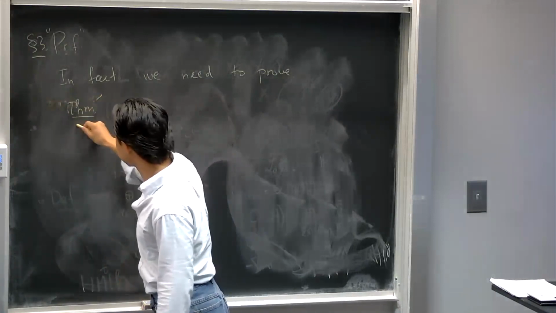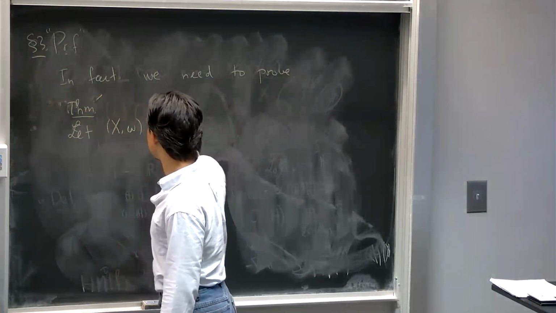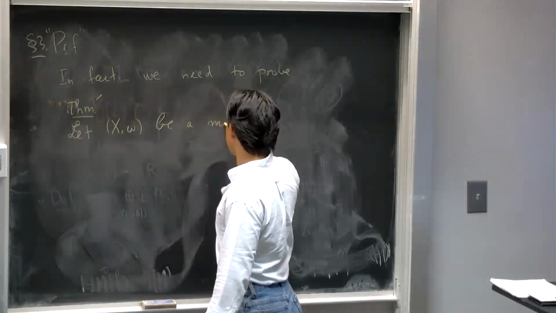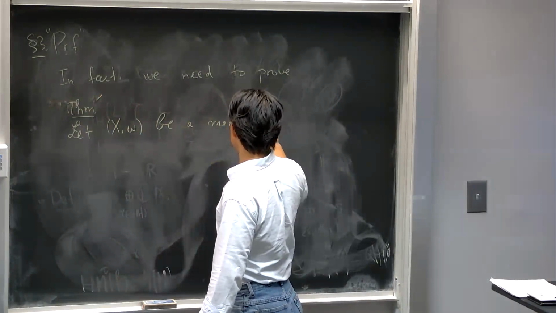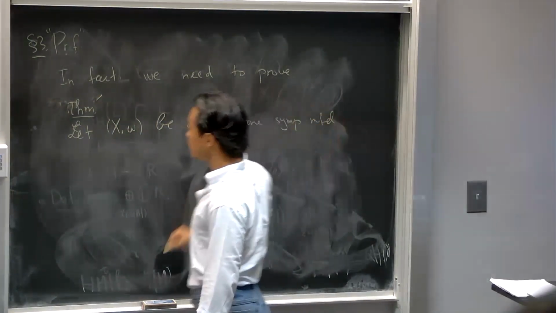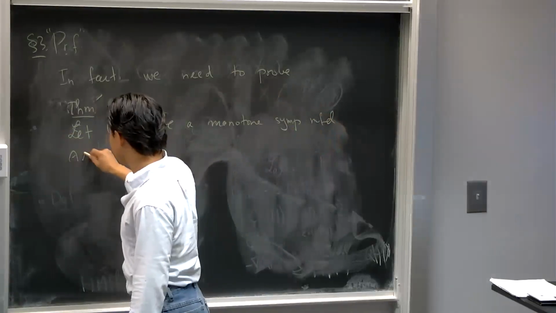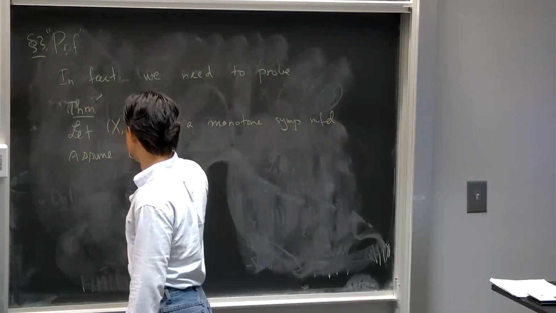So let (X, omega) be a monotone symplectic manifold, and assume the same conditions, so assume semi-simplicity.